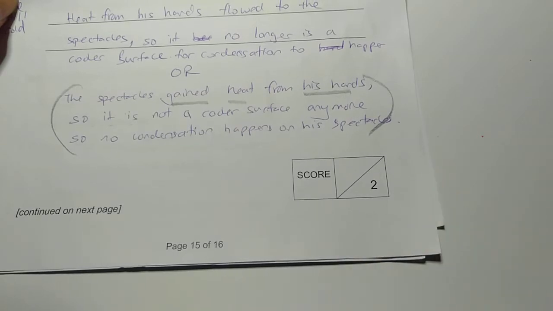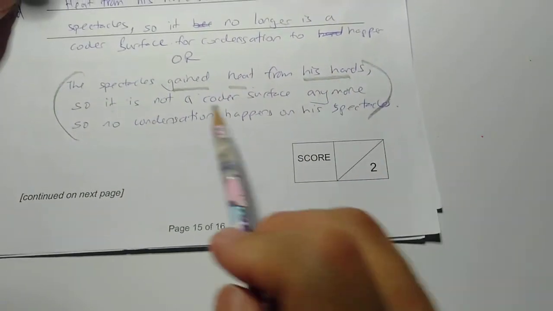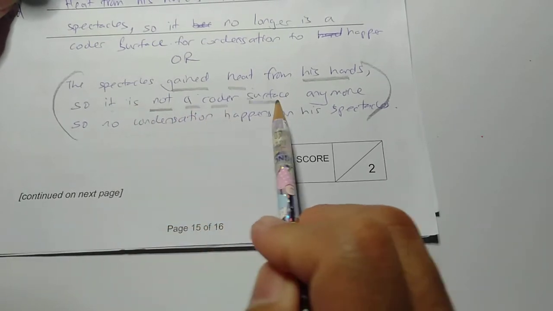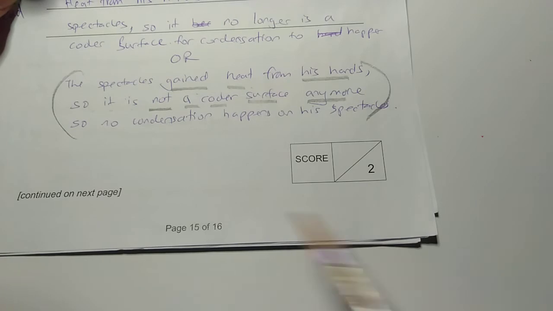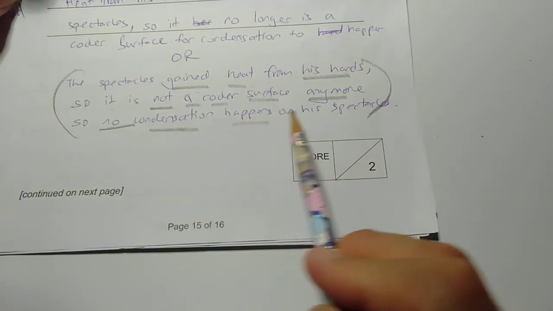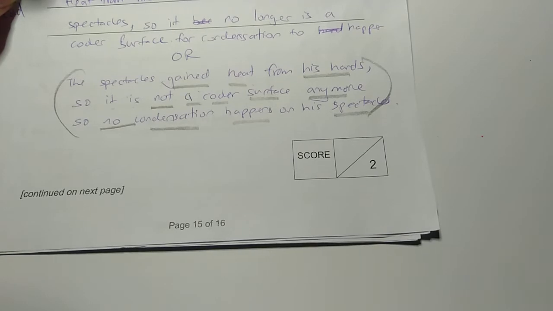At first, the spectacles were in the air-conditioned room and it was a cooler surface. After gaining heat from his hand, it's not a cooler surface anymore. If it's not a cooler surface, then there will be no condensation happening on his spectacles. This is the answer that I'd like you to learn.